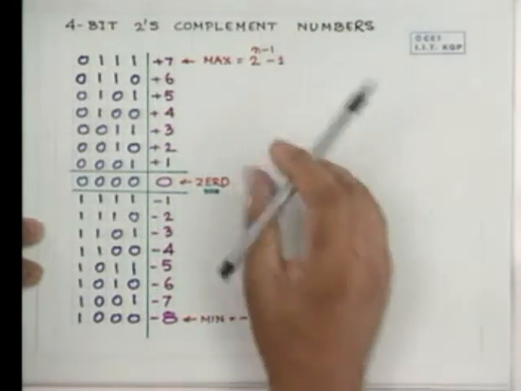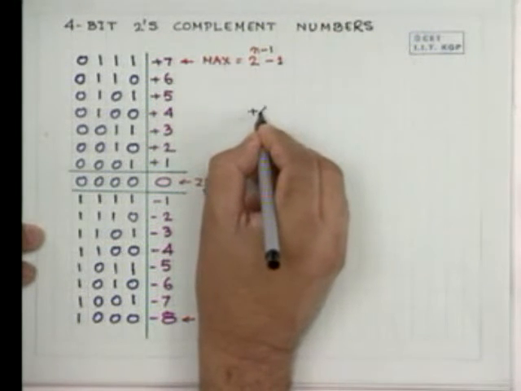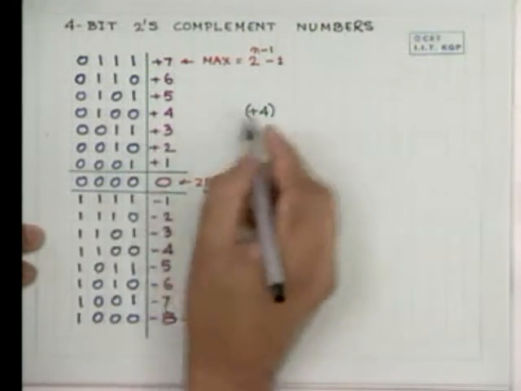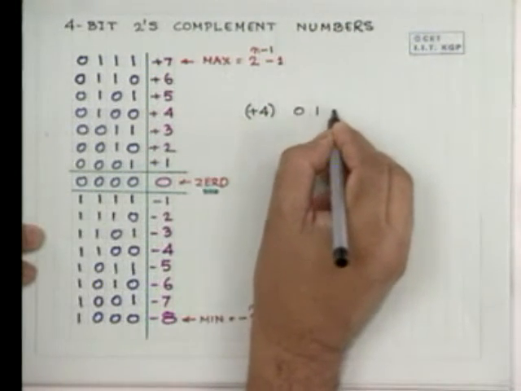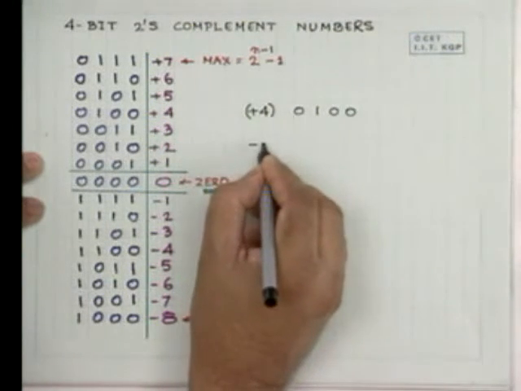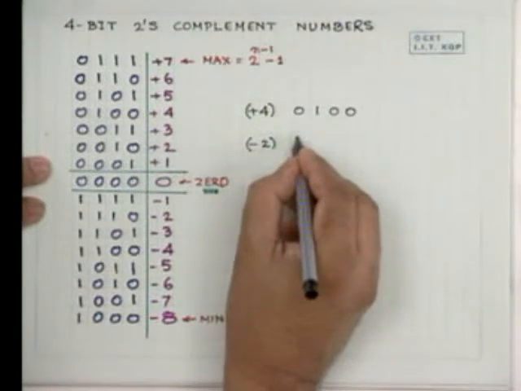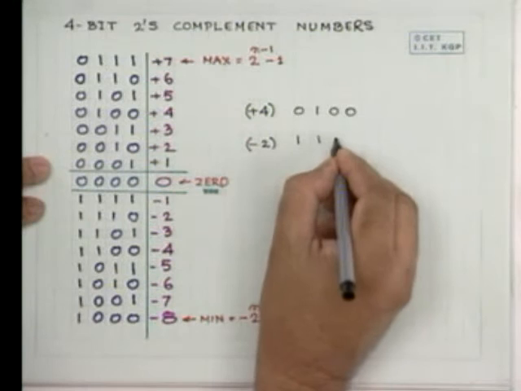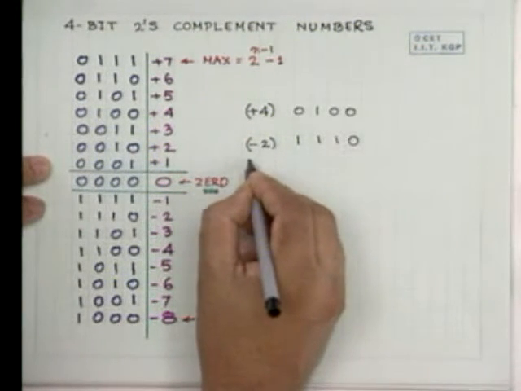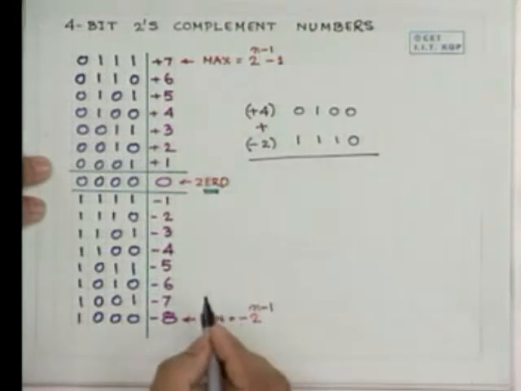Let us try to see. Say we have a number which is plus 4, and plus 4 is our 0, 1, 0, 0, and say we have minus 2 here, and minus 2's representation is 1, 1, 1, 0, okay. And the operation that we desire is that we want to add.